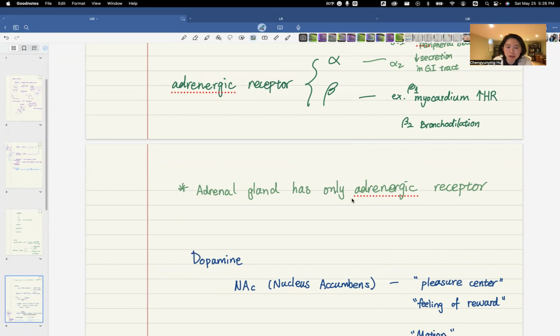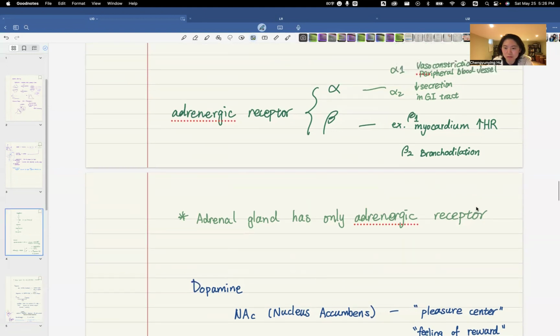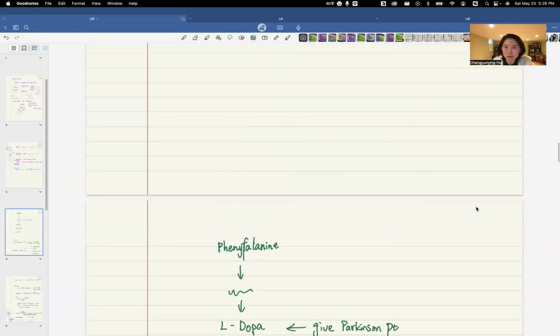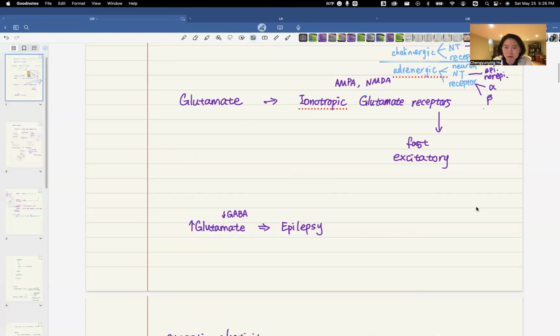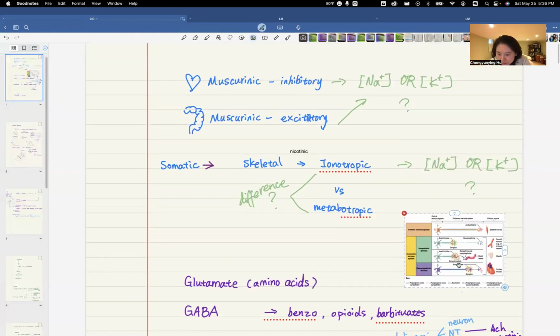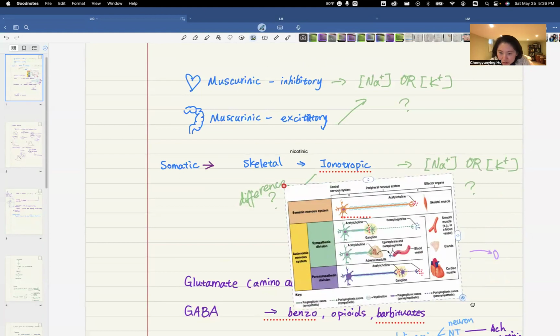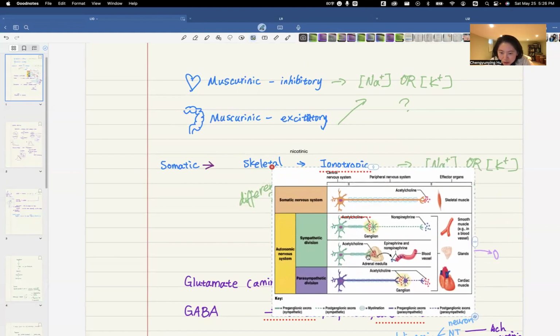The adrenal gland has only adrenergic receptors. But earlier in the table, it says acetylcholine is acting on the adrenal medulla, and acetylcholine will never bind to an adrenergic receptor.